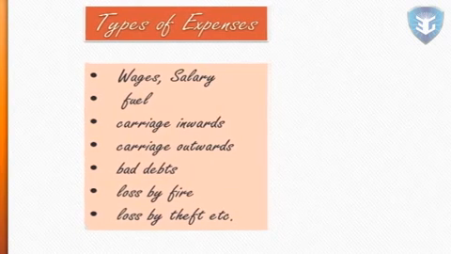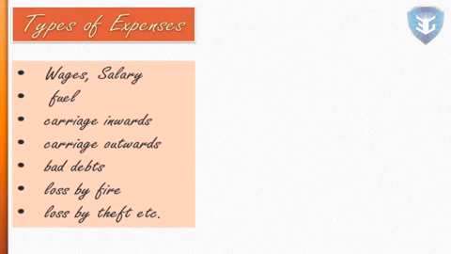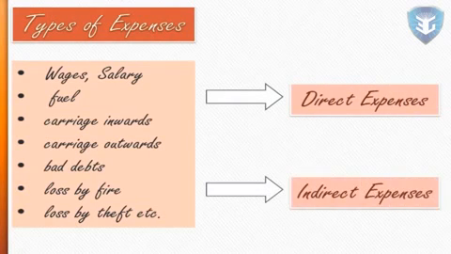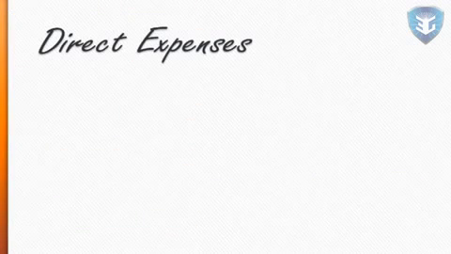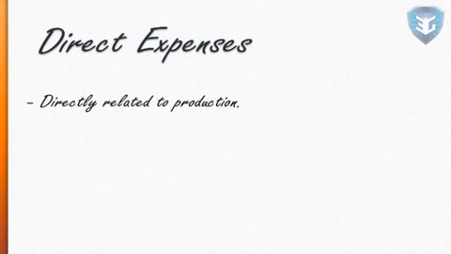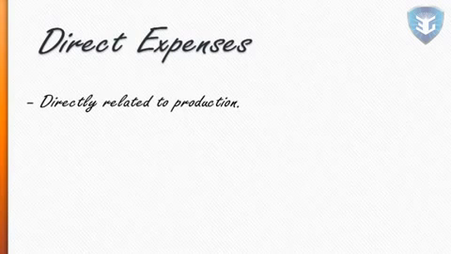All these expenses and losses can be categorized into two parts: direct expenses or indirect expenses. Direct expenses are those expenses which are directly related to production, and other expenses are called indirect expenses.